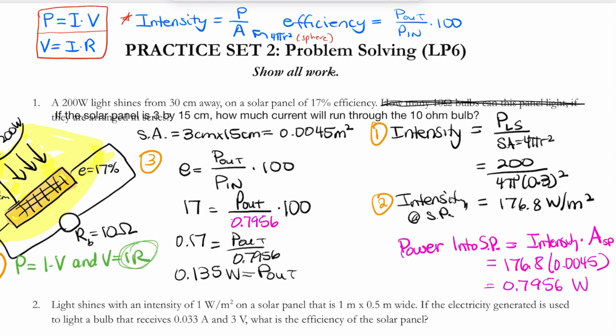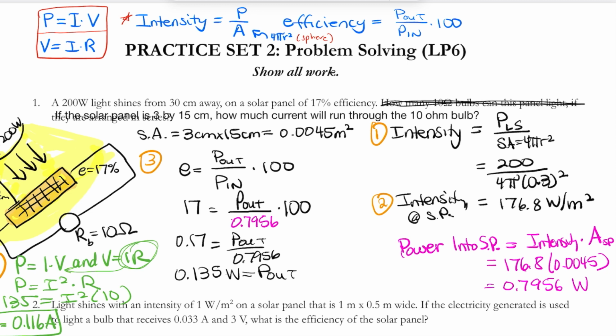If we substitute this in for V, we get P equals I squared times R. So if this is 0.135, and we know that R is 10, then we get 0.135 divided by 10, which is 0.0135, and take the square root of that to get the current. So I ends up being 0.116 amps. And that's the answer to this question.